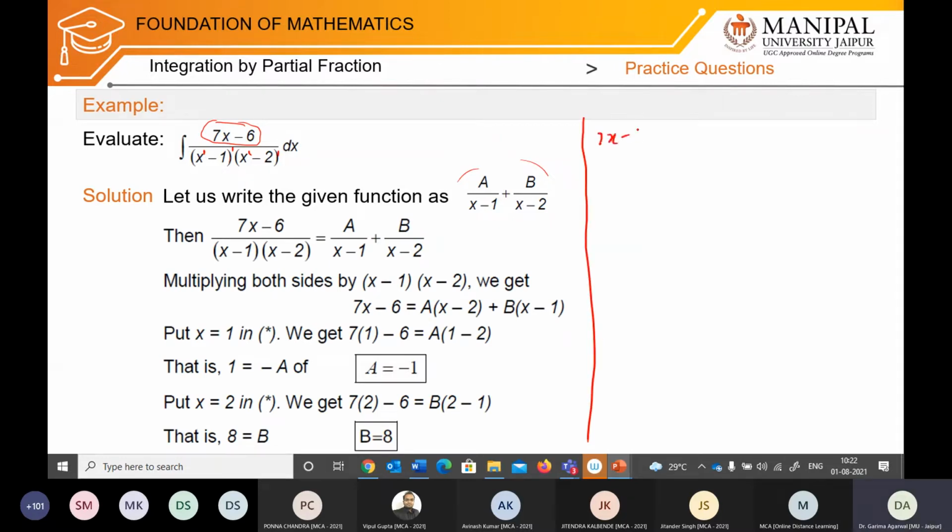That means 7x minus 6 upon x minus 1, x minus 2 can be written as a upon x minus 1 and b upon x minus 2. Then we'll take the LCM on the right hand side. A will multiply by x minus 2 and b will multiply by x minus 1, right?